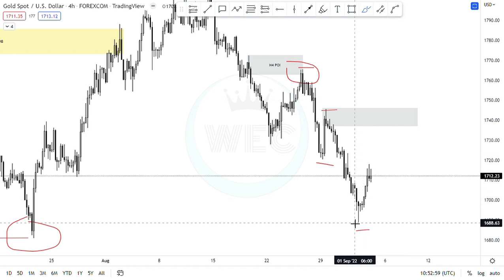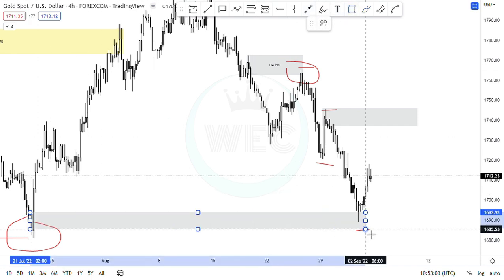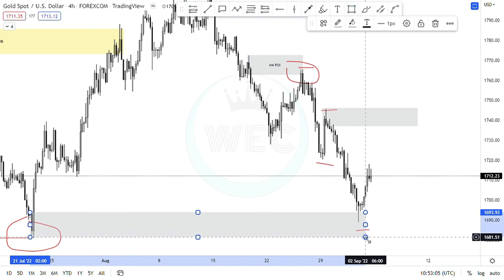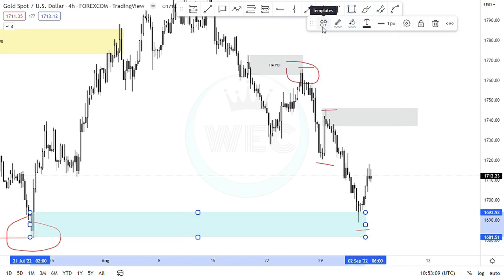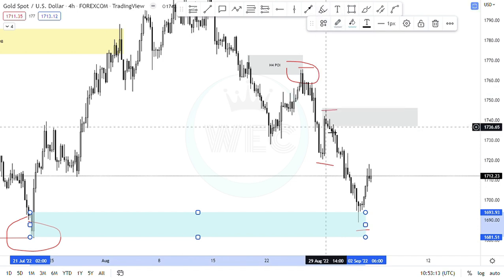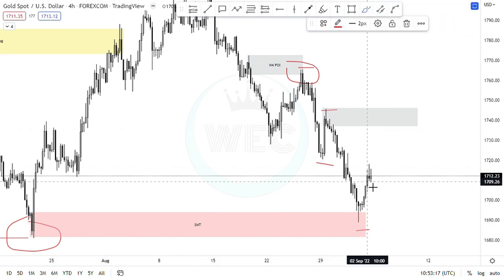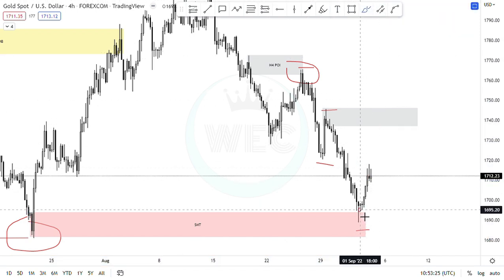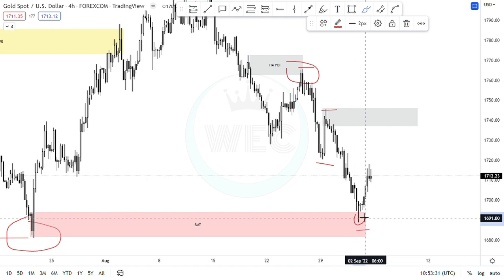I know that people look at this block in here as a demand zone to look for trades, but to me this is not a very valid point of interest to look for bigger pushes to the upside. You could have gotten some 1 to 10, 1 to 15 into certain levels, but personally I don't like looking at this kind of point of interest.